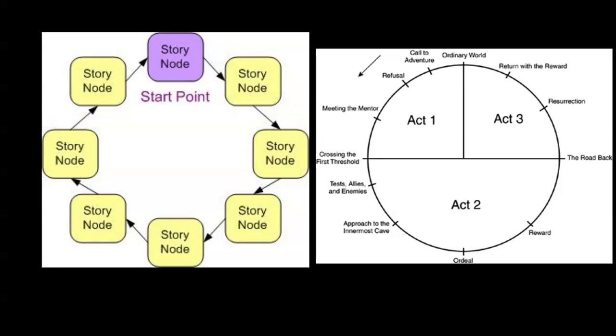But most of Act 2 happens in the middle, or towards the middle. And the ending, the resurrection. Sometimes it goes one way, sometimes the other. Sometimes it goes anti-clockwise, and sometimes clockwise. It gets so confusing.